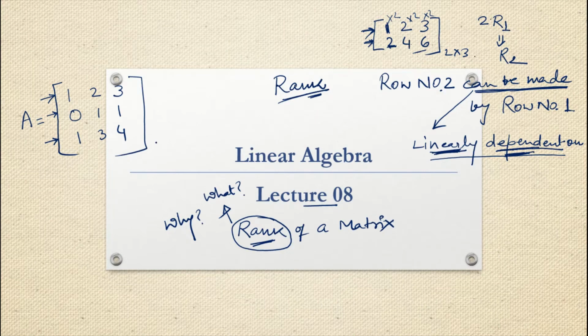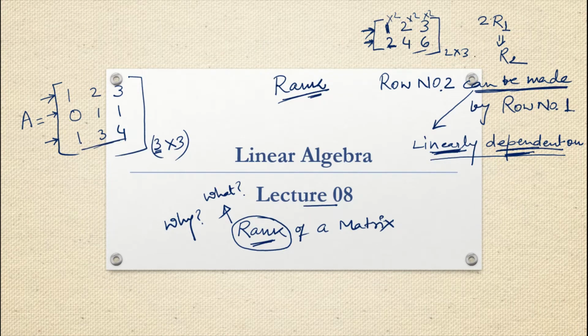So this matrix is a 3 cross 3 matrix. The rows are 3, but I have to check whether the rank is also 3 or not. If I can make any row with the help of other rows, that is called a linearly dependent row, and it is not acceptable to count for the rank. If you look at this third row, it contains 1, 3, 4.